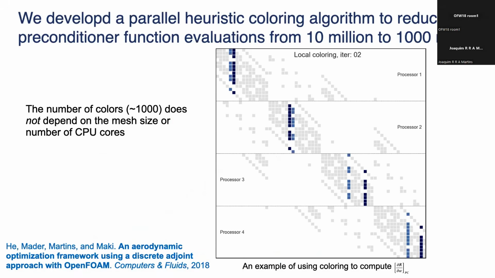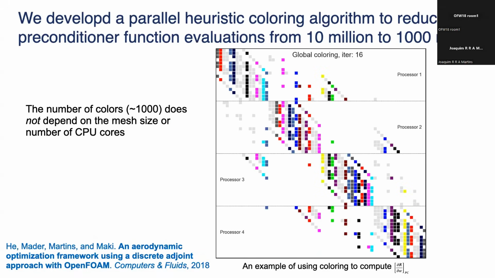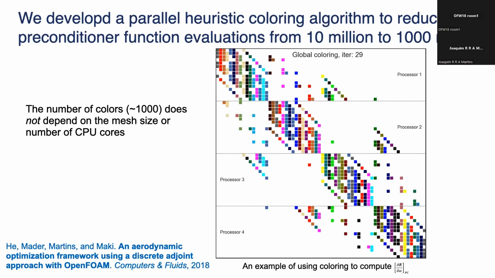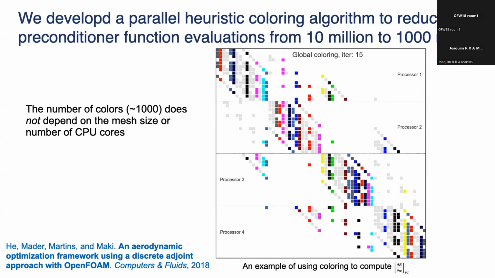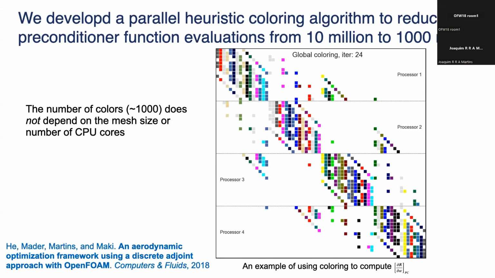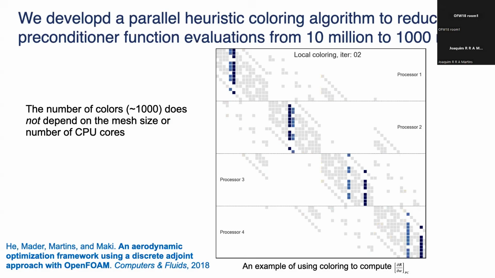For the coloring, what we developed is a heuristic coloring algorithm, right? And that basically improves the speed by 3 orders of magnitude in general, and makes it possible to do 100 million, up to 1,000 million cells, right? Because we need to store the matrix vector products in memory.